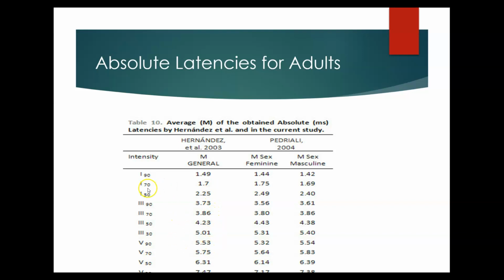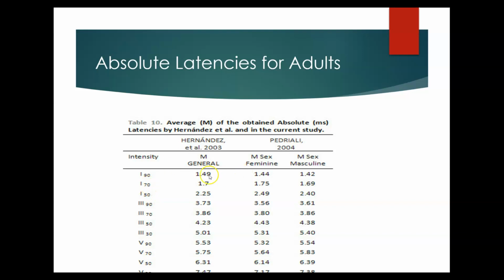When we lower the intensity to 70, it extends what time the wave occurs. And you can see that it steadily increases as the intensity decreases. So the latency is going to increase as intensity decreases.